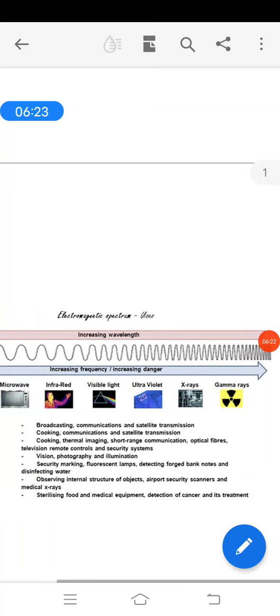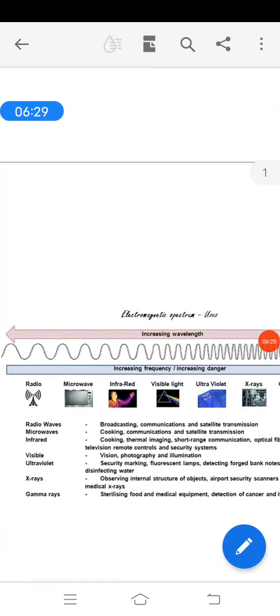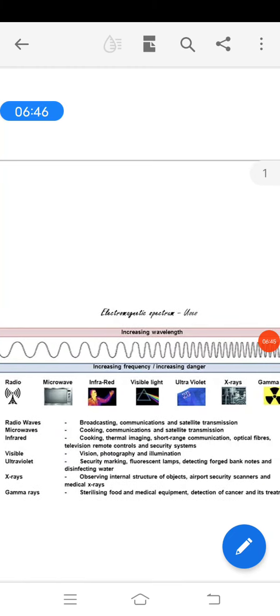These are different types of waves, and the frequency increases as we go from left to right. Radio waves are used for our communication and satellite communication, microwaves are used for communication, and infrared is used for short range communication.